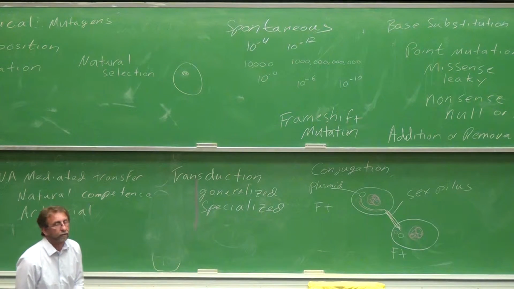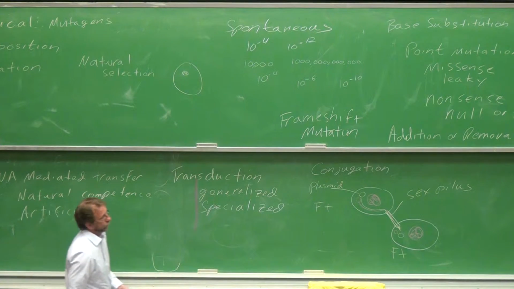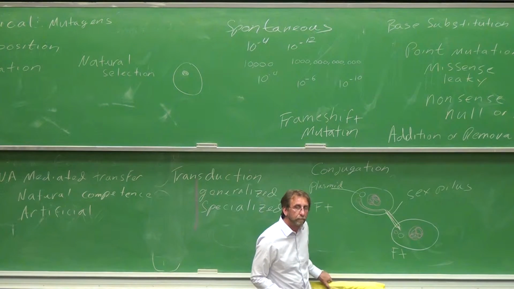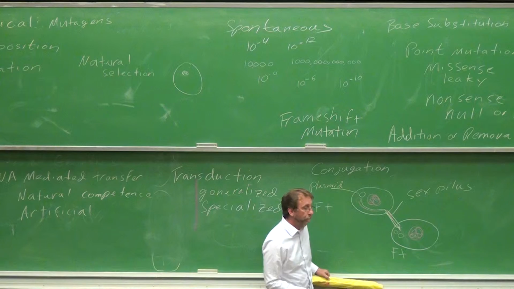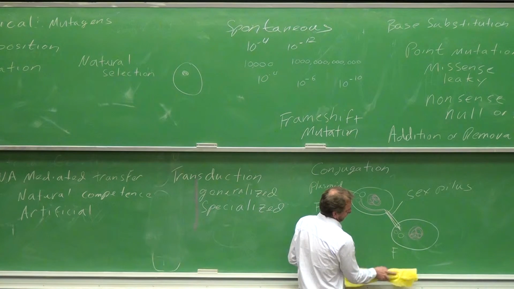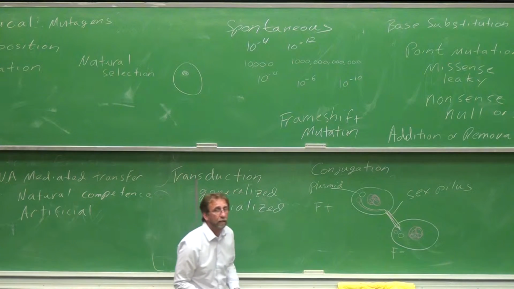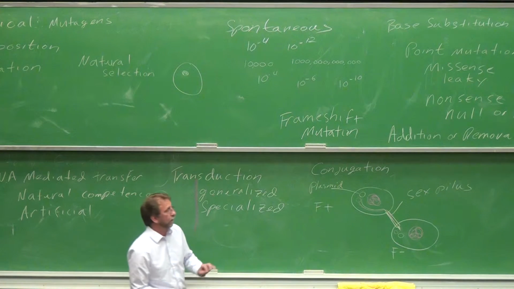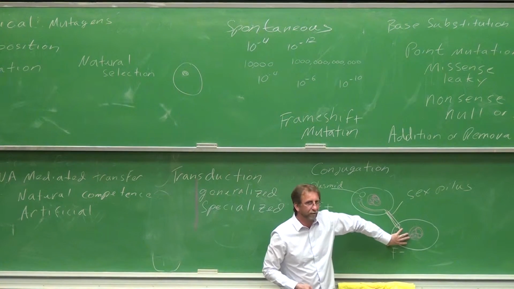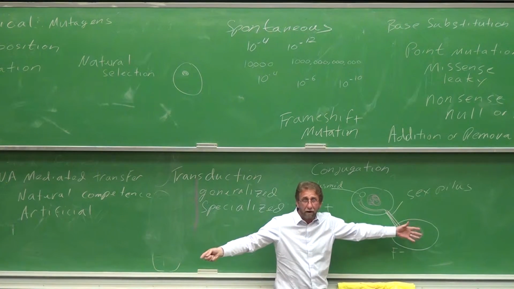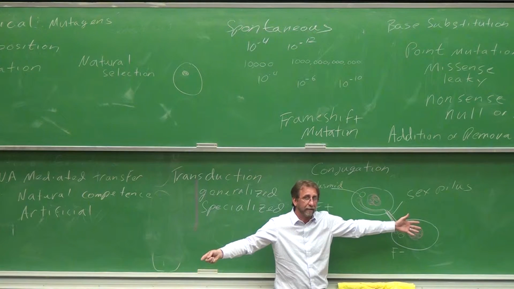Yes? So the F minus cells reproduce by any other types? How do you get another F minus cell? Because if the plasmid gets transferred. Well, you have to realize there's probably millions of F minus cells out there.